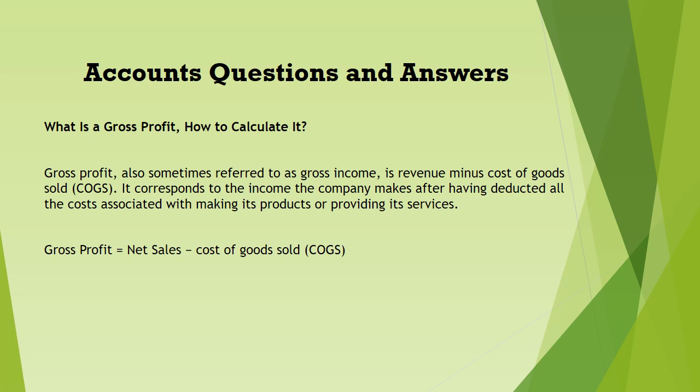For example, net sales minus cost of goods sold, that is the gross profit. It comes from the trading account. Then this gross profit we are going to transfer to the profit and loss account. Only then are we going to make the profit and loss account. This gross profit is found from the trading account. So how are we going to find it? Net sales minus cost of goods sold.